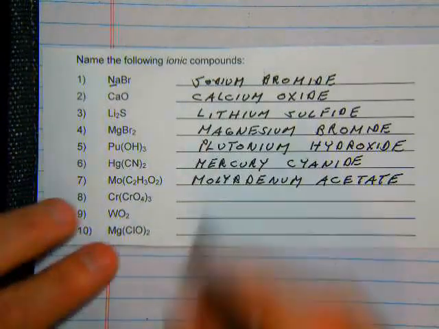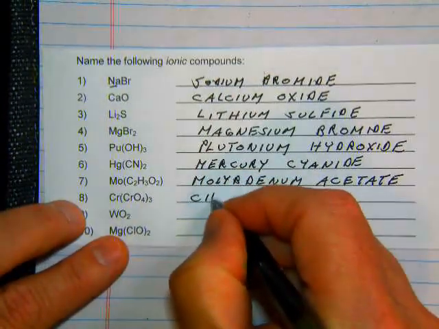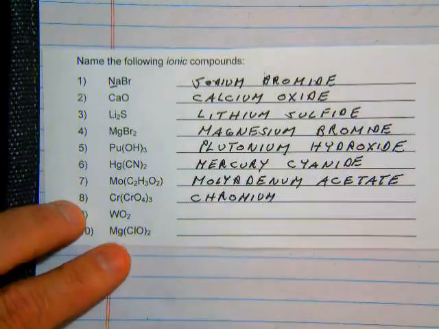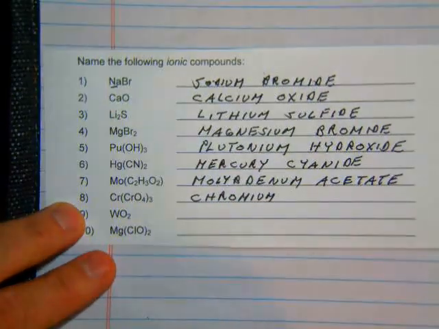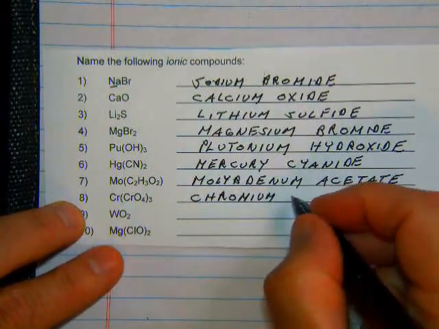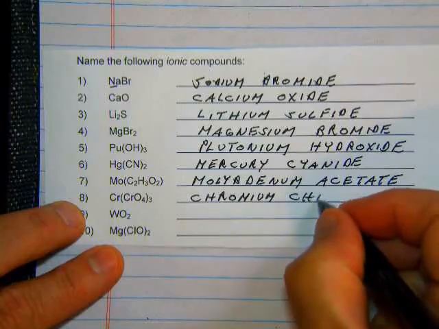Number 8, Cr is chromium, and CrO4, that happens to be chromate, a polyatomic ion.